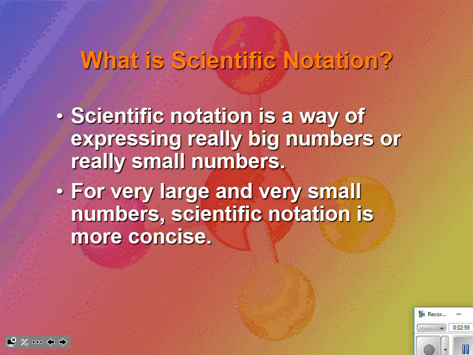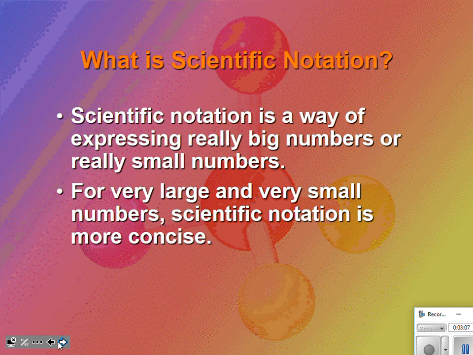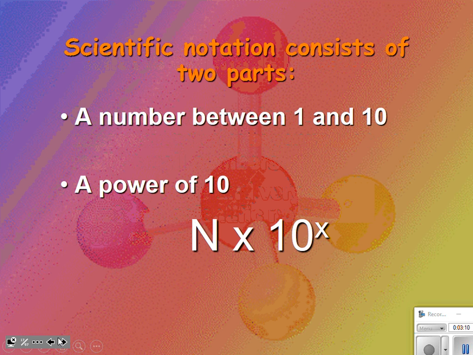So the whole reason we use scientific notation, for very, very big numbers or really, really small numbers, is to shorten them up. It consists of two parts: a number between 1 and 10, and a power of 10.